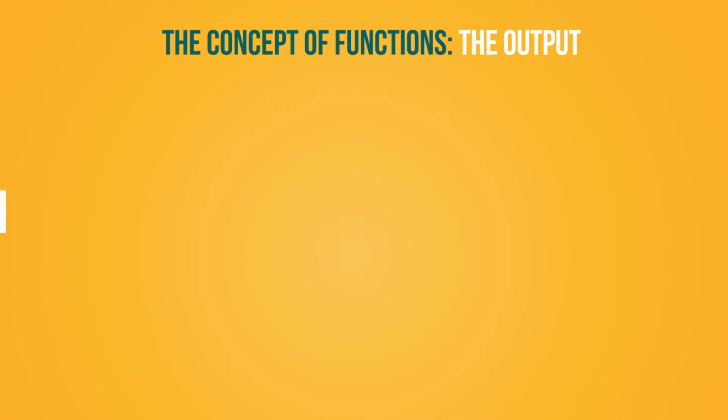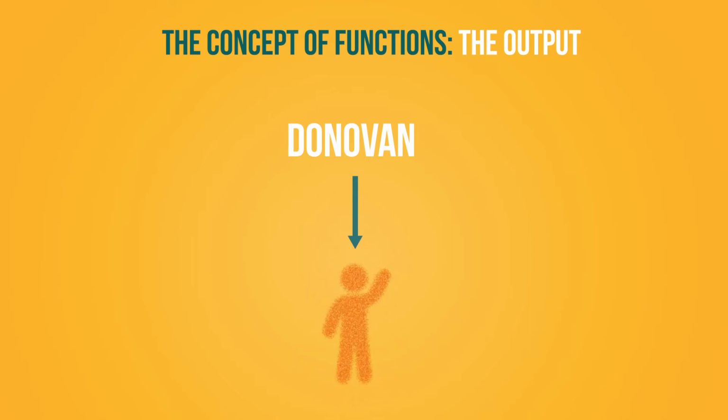Much in the same way, Donovan is just an arbitrary name or the label that was assigned to me at birth. It tells you nothing about who I am, what I do, or anything about my identity. The things that give me my identity is my physical body and my personality.